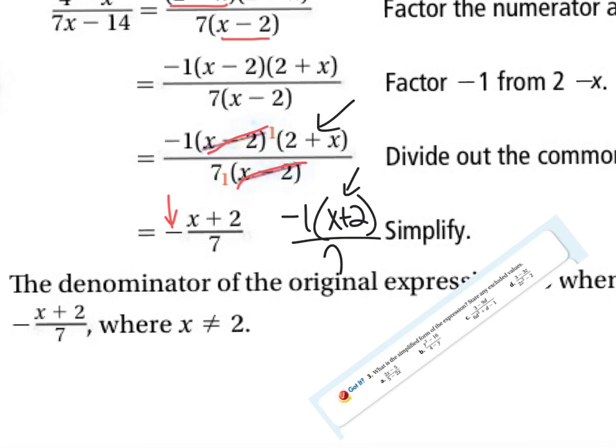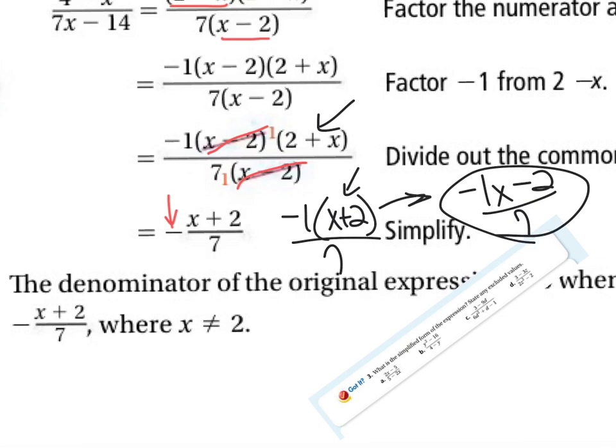Normally they'll write it in standard form, with the higher powers of the variables first before any constants. You could also, if you distributed that, write it as something like this. That would be fine also. And again, the restriction there is that x cannot equal 2. That would have made the denominator equal to 0.